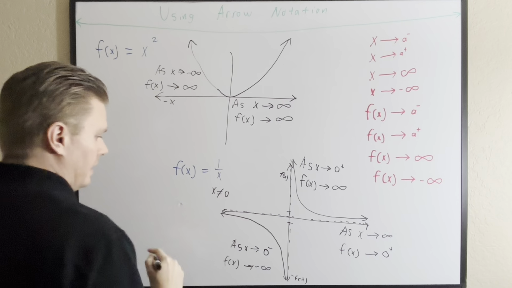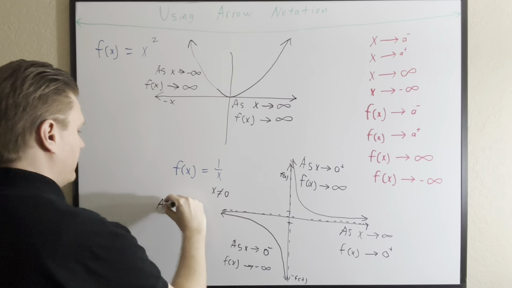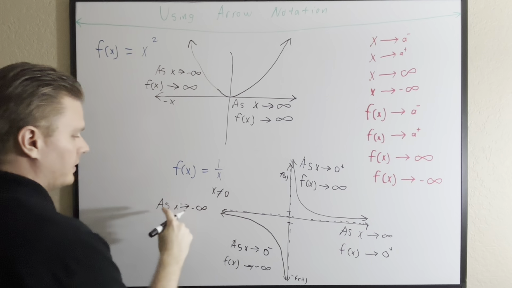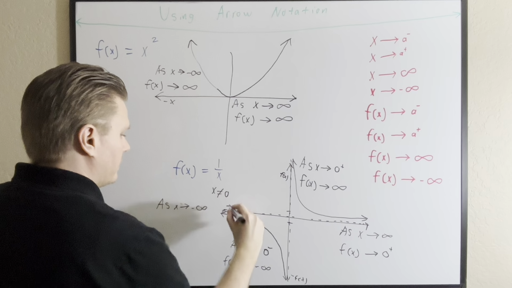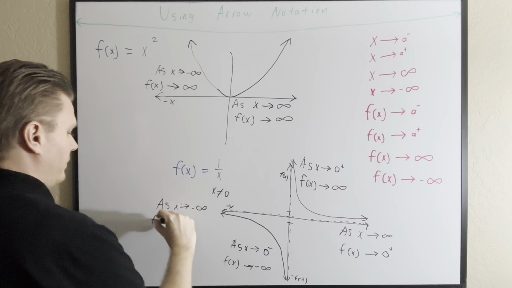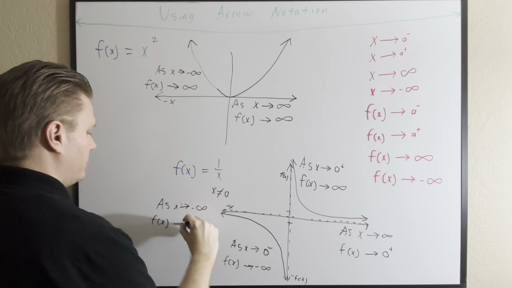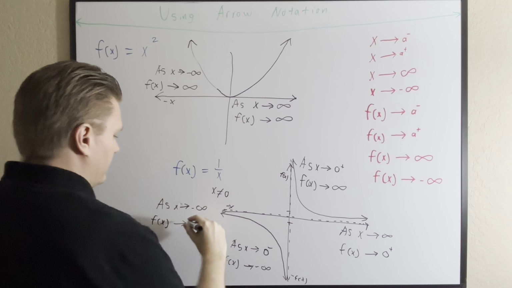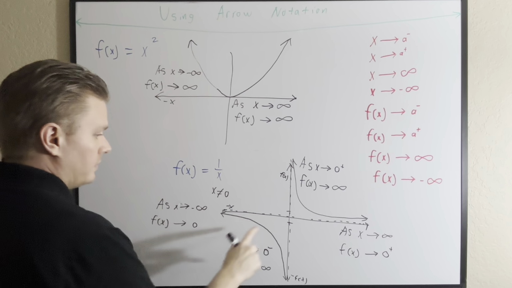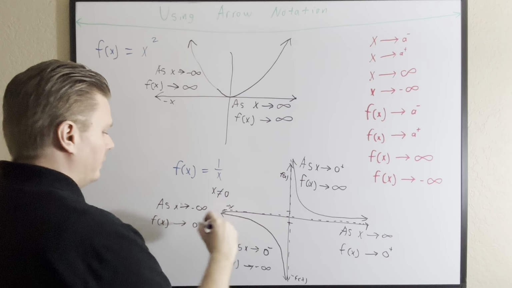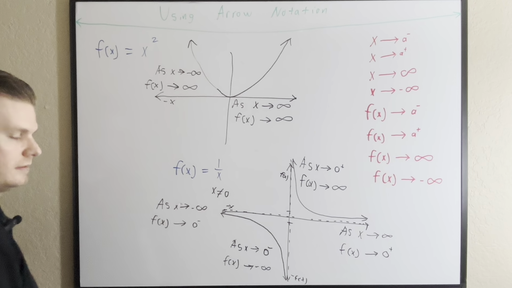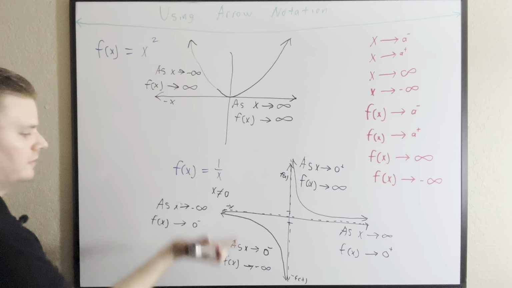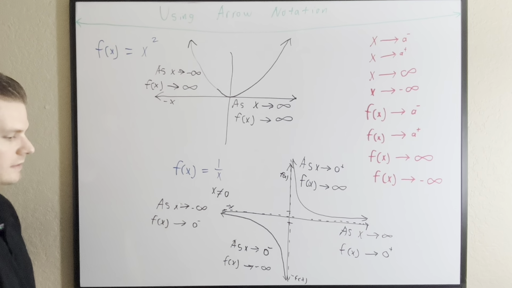Now, as x approaches negative infinity right here, it just keeps going this way forever. F of x is getting closer and closer to that other asymptote, 0, approaching from underneath. It's closer and closer to 0 approaching from the negative part of it, right?